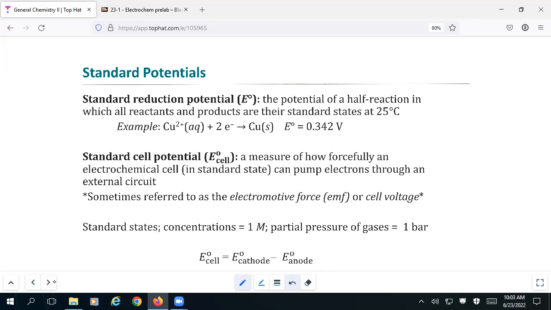So in the case of the battery that we looked at, the copper cathode, copper metal in copper 2 ion solution, the standard reduction potential of that reaction, the copper 2 turning into copper metal, is positive 0.342 volts. So that reduction is a favorable process. When that reduction occurs, we get 0.342 volts out of the battery.